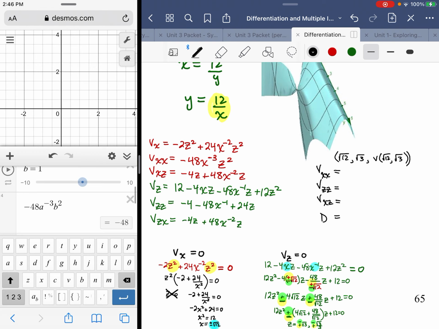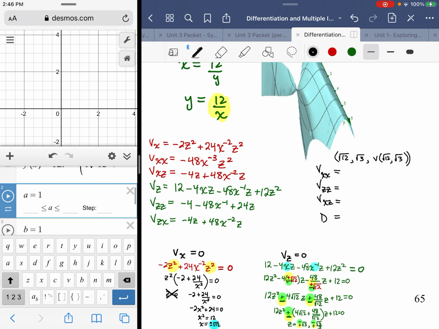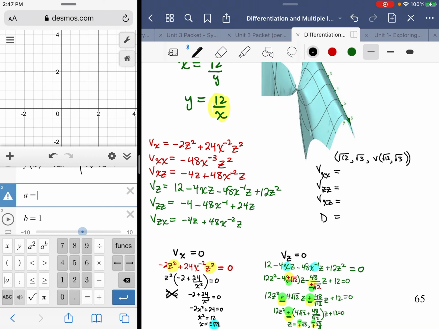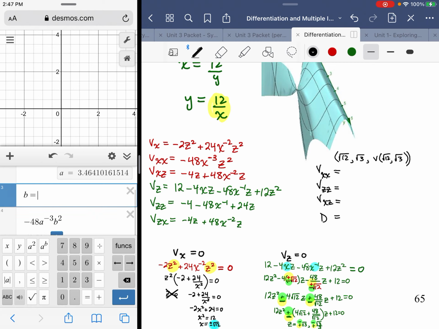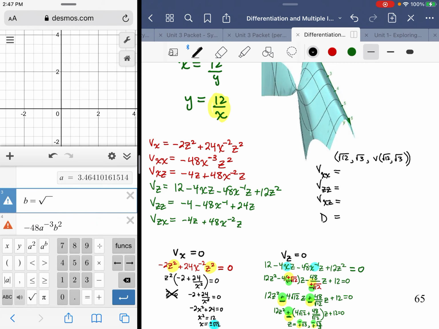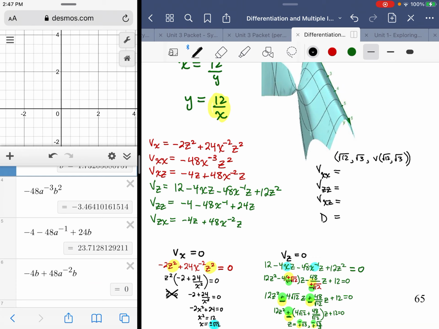For this one, I want to go right down the line, replacing my a with radical 12 and my b with radical 3 and see what that gives me.